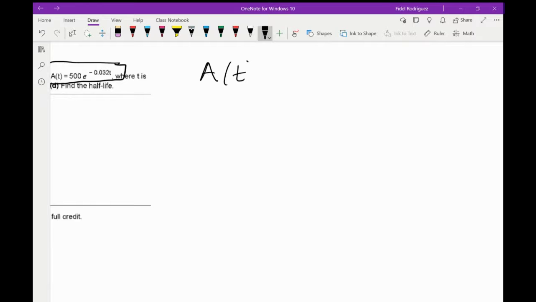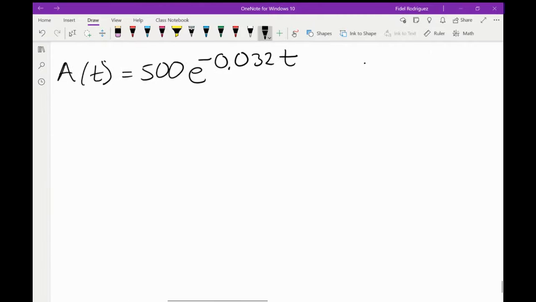A of t equals 500 e to the negative 0.032t.